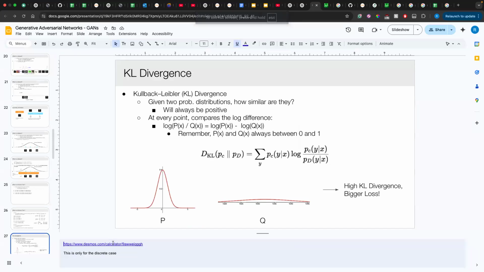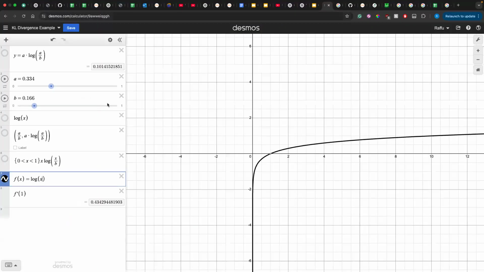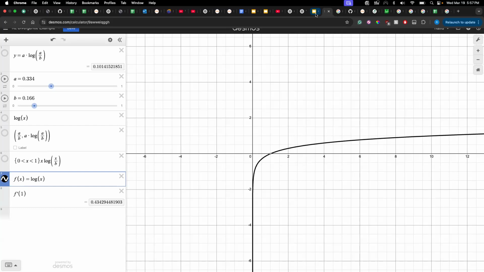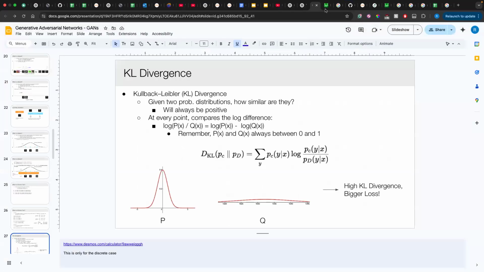Little Desmos here. Okay, so here is a graph of log X, right? So the numerator is the probability distribution of the ground truth.